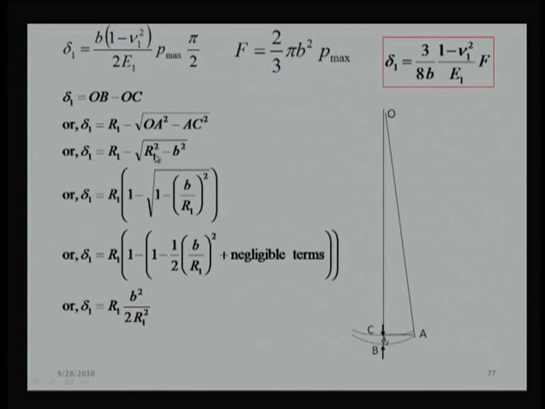So, this is R1 minus the square root of R1 square minus B square, and we know B needs to be much lesser than R1. So, we can rearrange, taking R1 common, and overall it turns out to be R1 times 1 minus the square root of 1 minus B by R1 square. Now, we can use a Taylor series for this.